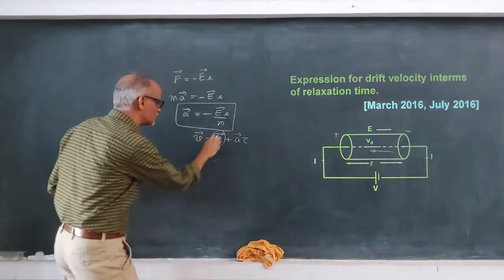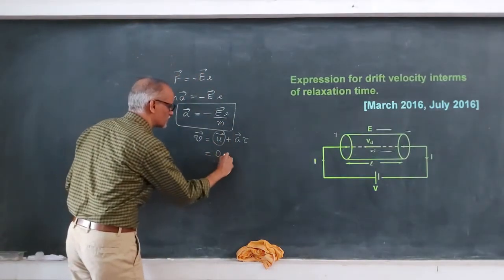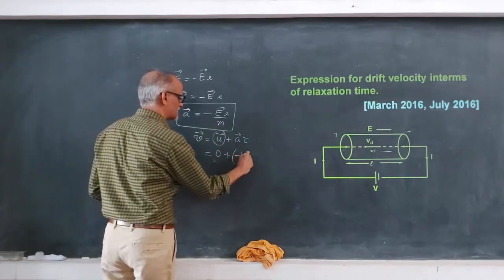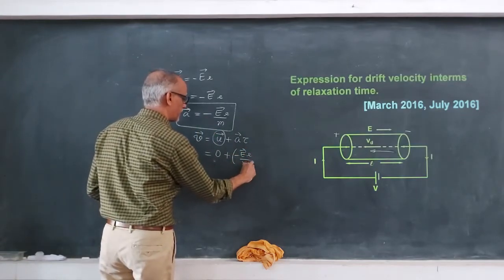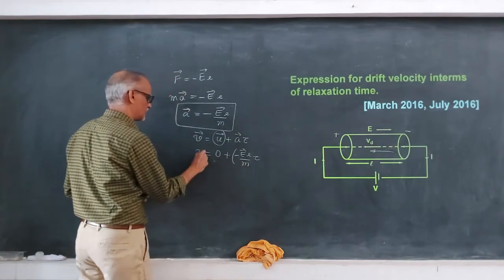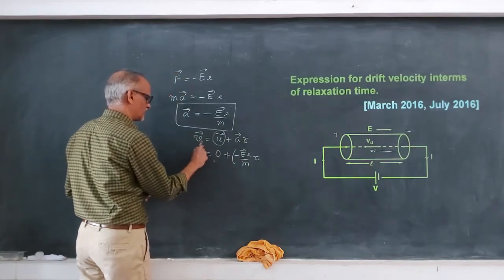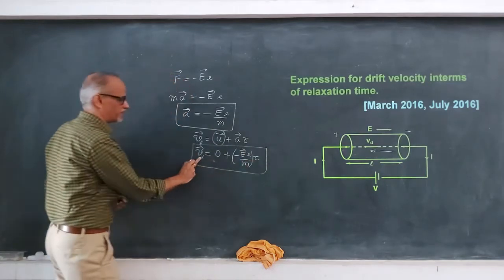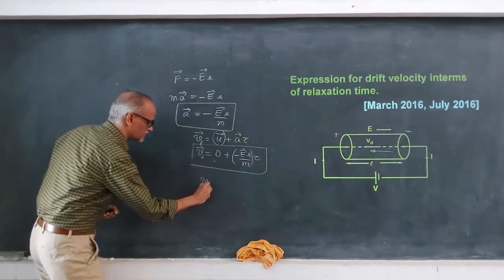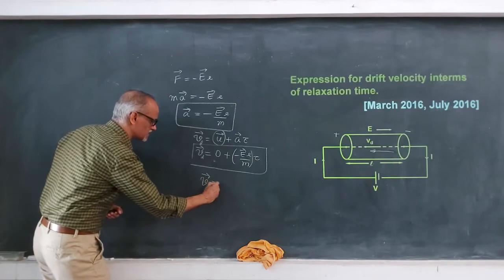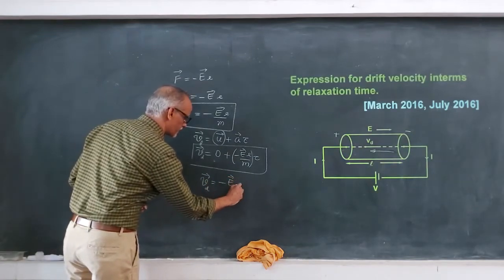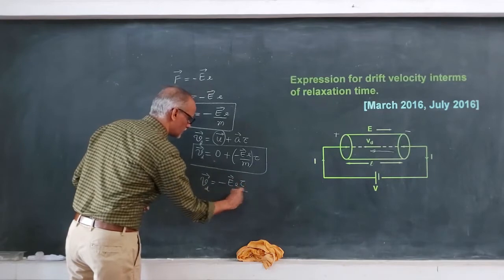That is why the average of this particular value is 0. What is the value of acceleration? Acceleration is minus eE by m, into tau, and this velocity is called the drift velocity. Therefore, there we are with an expression for drift velocity: Vd is equal to minus eE tau by m.